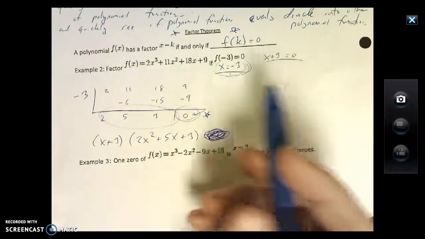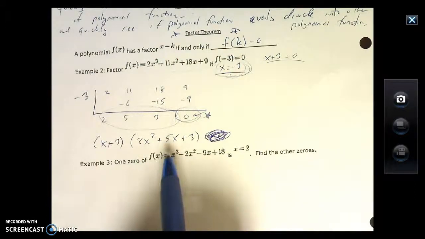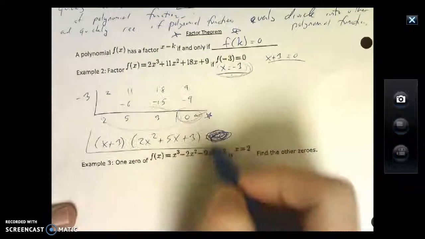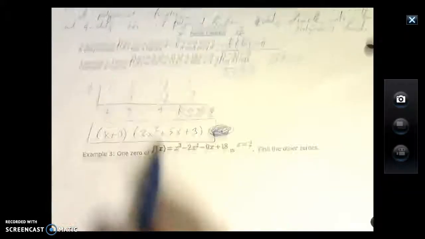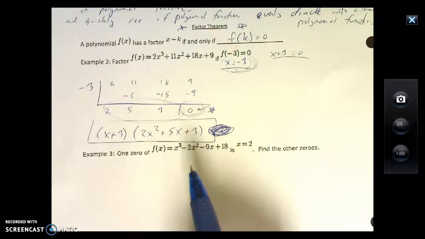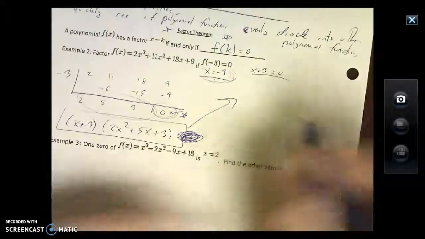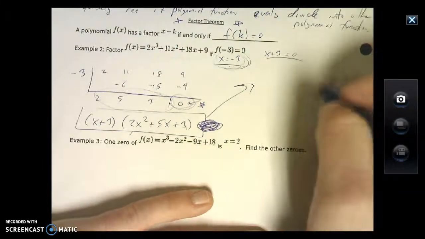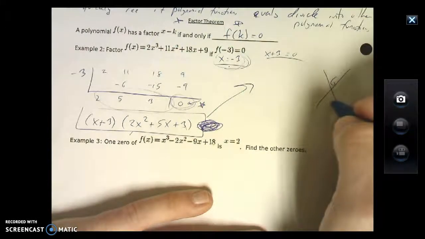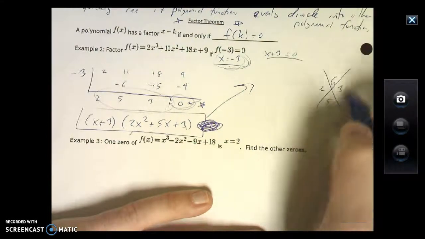Now it does say factor. We broke it down to a quadratic, and we factored it all the way. We could check again to see if this trinomial is factorable. It is not, so, oh, it is. All right. So 2 times 3 is 6, and I want to add to 5, so it's 2 and 3.